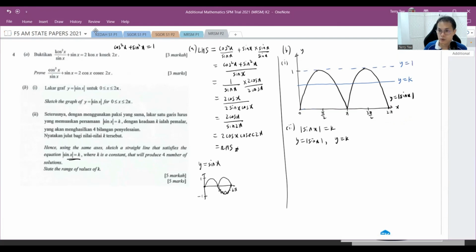This one, it's very hard to draw this dotted line here. This is y equals to 0. But I don't want 2 solutions, I don't want 3, I want 4. Anything in between these two are 4 solutions, right? So in order to have 4 solutions, your k value must be anything between 0 and 1. Okay?